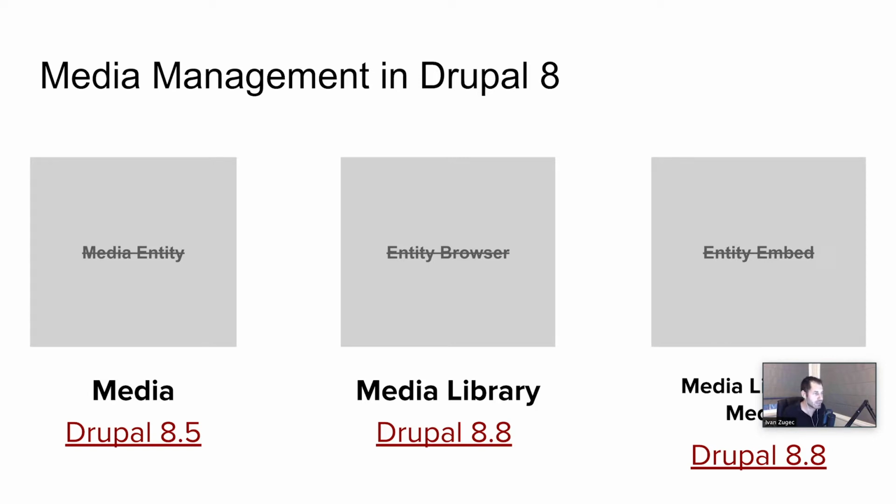And then the entity embed functionality, there is no separate module for it. The actual functionality is stored between Media Library and the Media module. But that functionality was shipped in Drupal 8.8. So right now, using Drupal core, which is amazing, you can store assets, you can browse assets, and you can embed them.